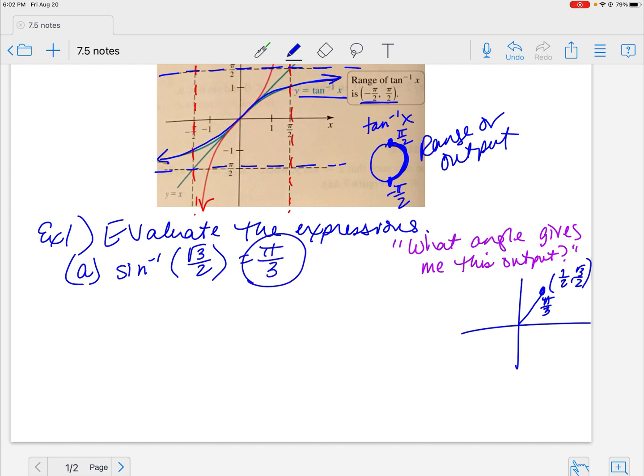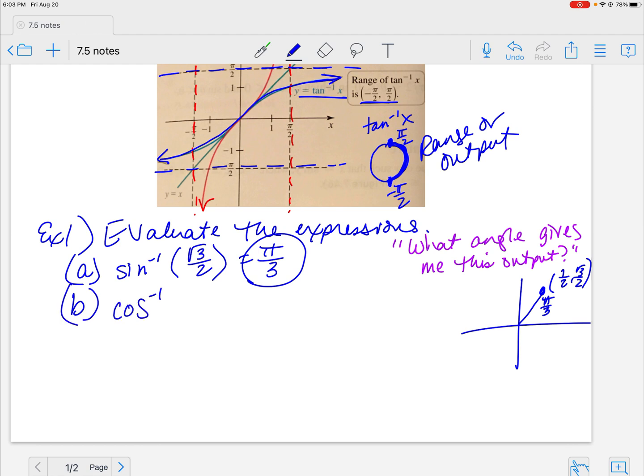Here's how I do it: I know that for the pi over 3 and the pi over 6, one of them is going to be a 1/2. So I just think, okay, this hits my x-axis at about 1/2, so I know that this x is 1/2. Over here at pi over 6, it hits my y at about 1/2. And then the other one is square root of 3 over 2. However you do that is up to you, but now that we're in Calc 2, the expectation is you've got this.